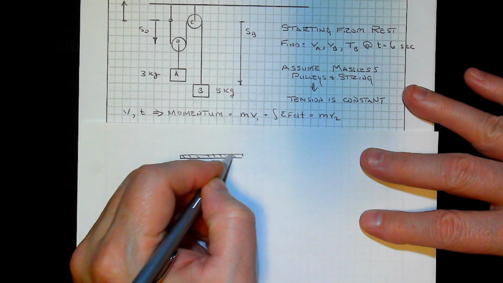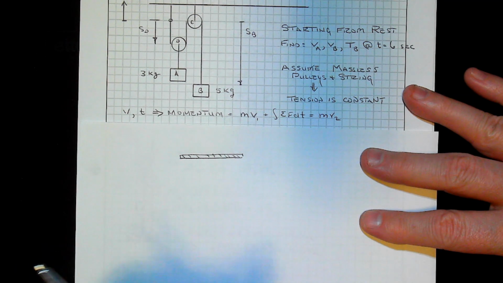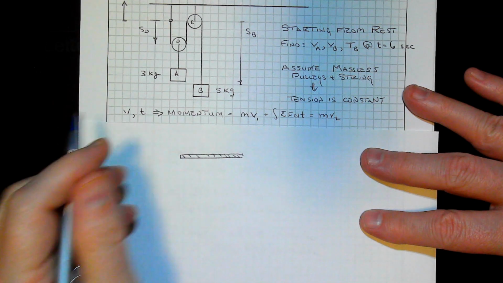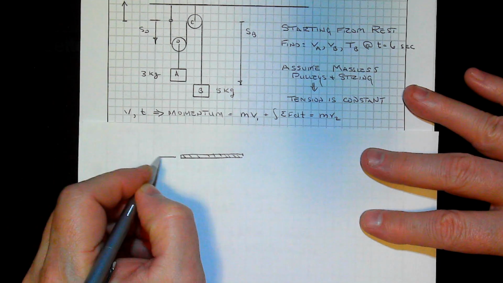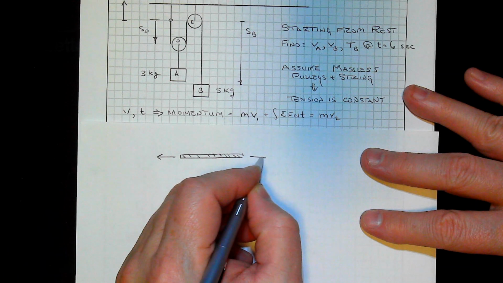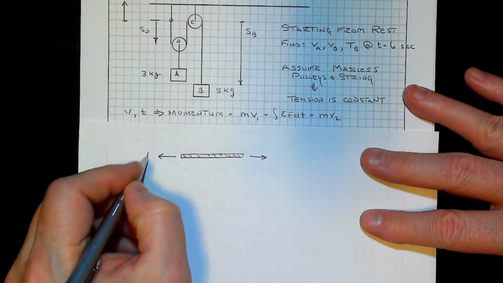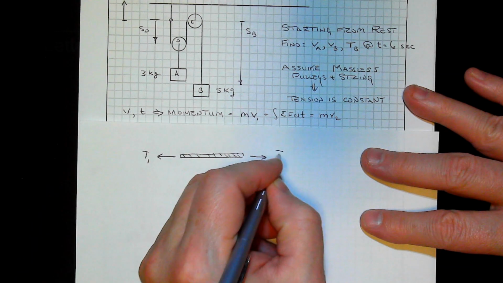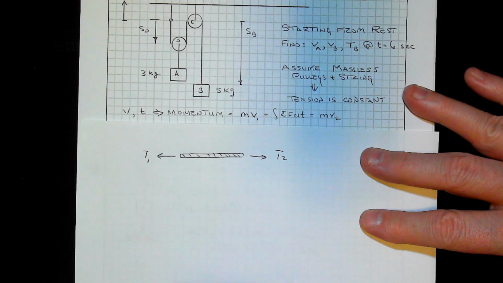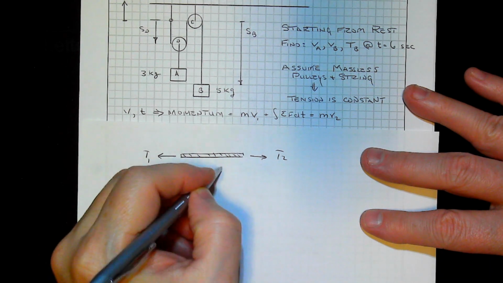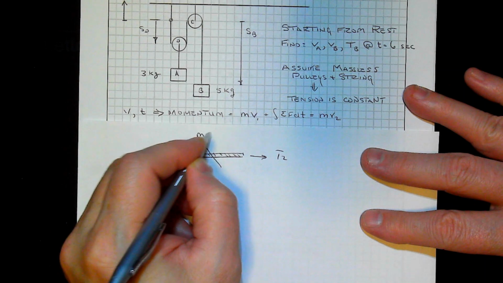So we'll put some strands into it. All right. Now, if I put a force over here and a force over here, say tension 1 and tension 2, okay, and I'm going to assume that this is massless, m equals 0.